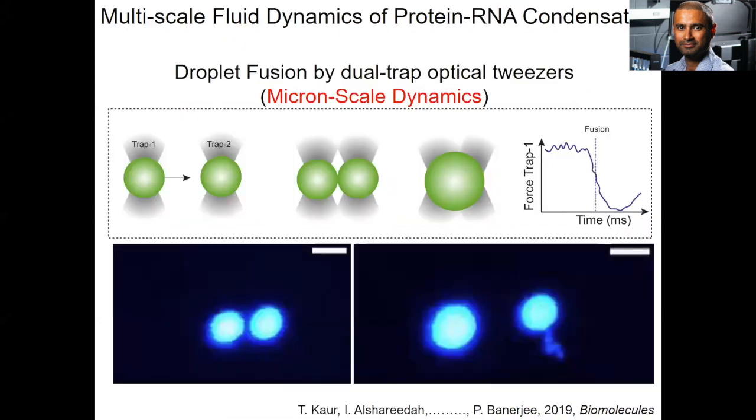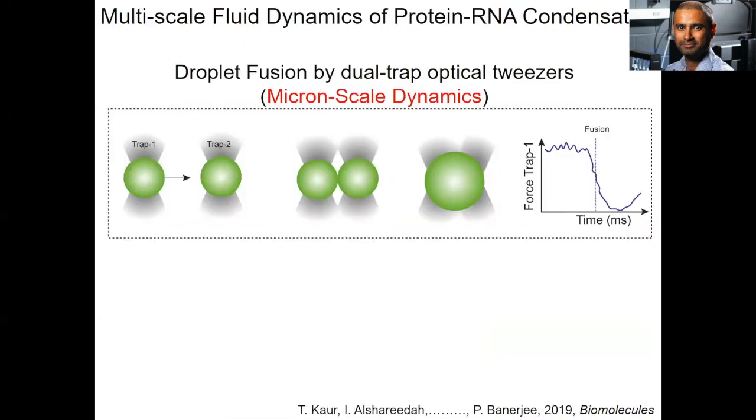What we have done also, using the correlative fluorescence microscopy which LUMICKS offers, is a very simple assay where you trap two protein or protein-RNA droplets using optical tweezers, and then under a controlled environment you could see them undergoing fusion.